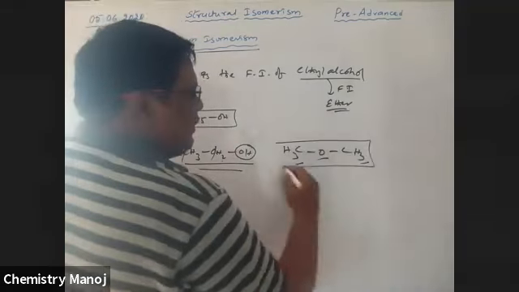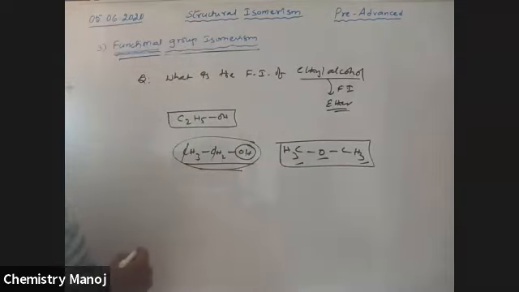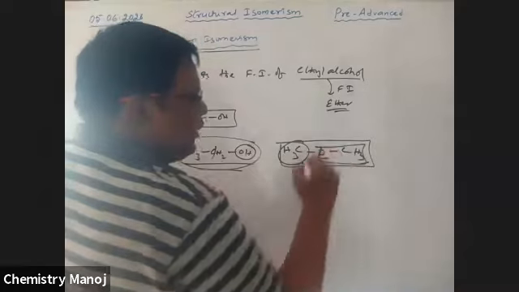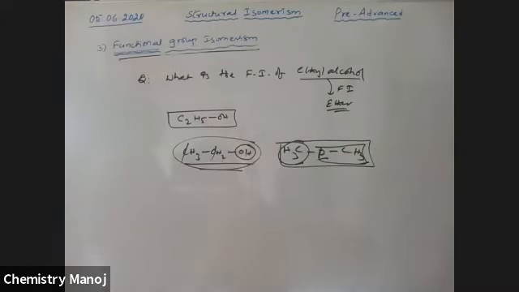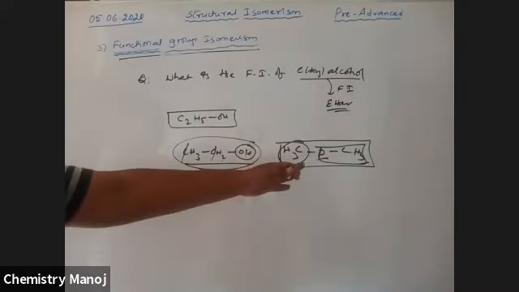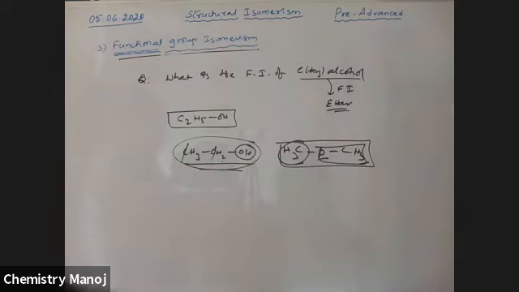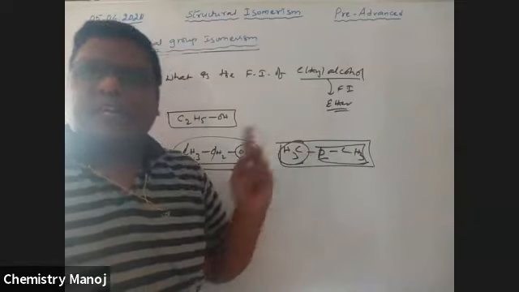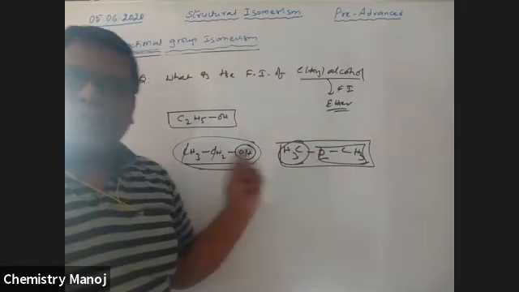Therefore this is the functional isomer. The name is methoxymethane, the functional isomer for ethyl alcohol. Methoxymethane, not ethoxyethane.